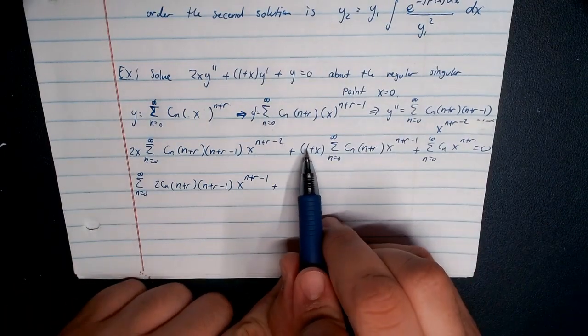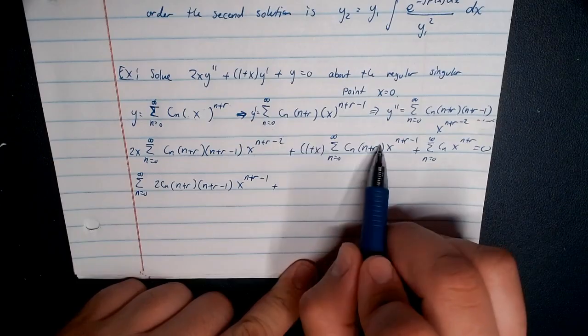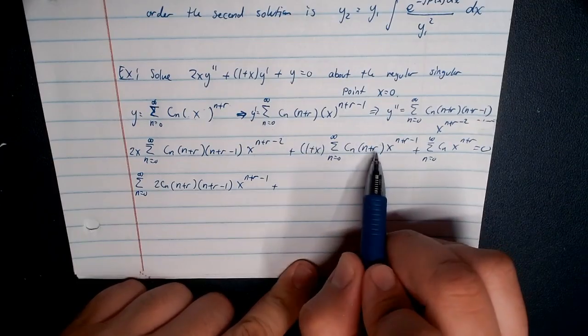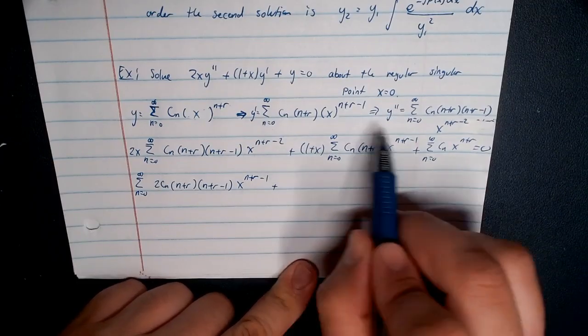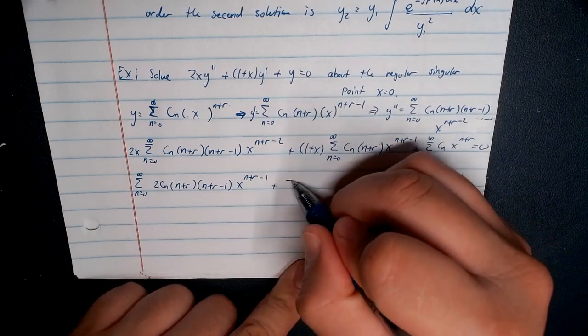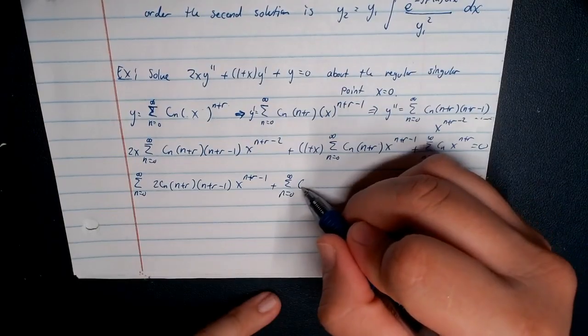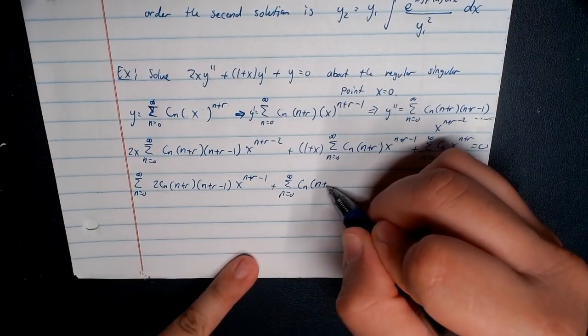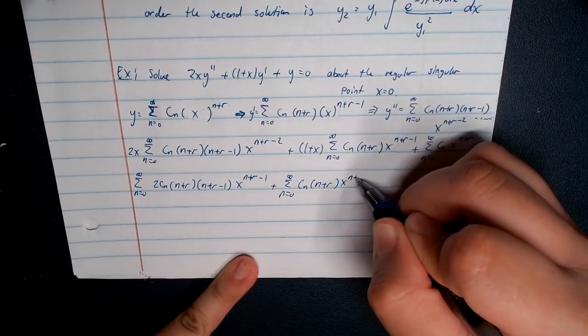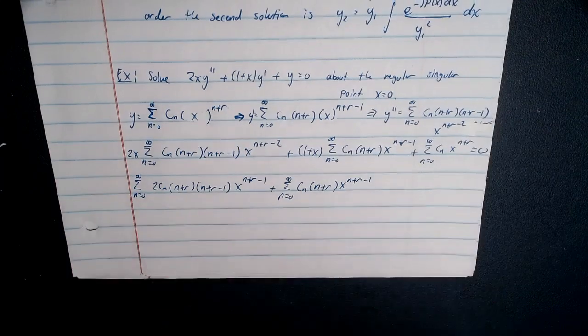And now here, I actually have two things to distribute. I'm going to distribute the 1, and then separately I'll distribute the x. If I distribute the 1, nothing changes. I just write this again. Okay, so plus the sum from 0 to infinity, c sub n plus r, x to the n plus r minus 1.